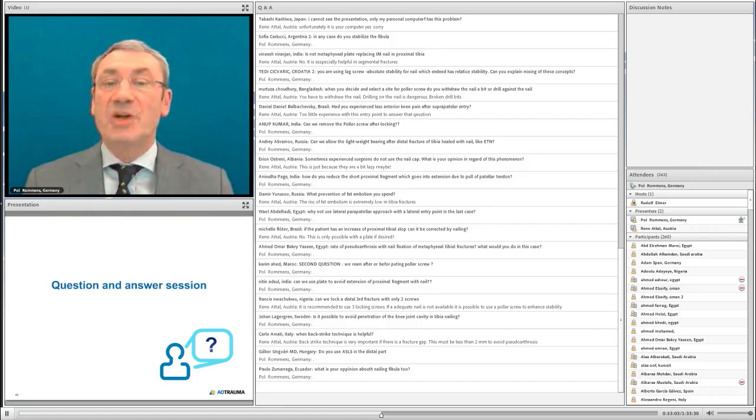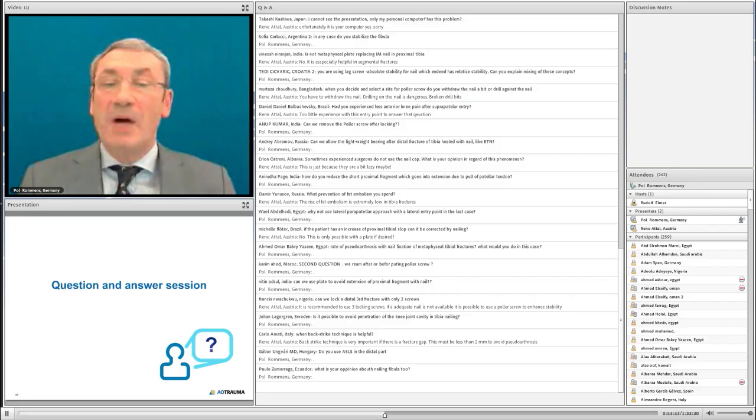The advantage of nailing is that you use a percutaneous procedure and you do not open the soft tissues at the lateral side of the distal leg, which may be advantageous, let's say, in diabetic patients, as an example.